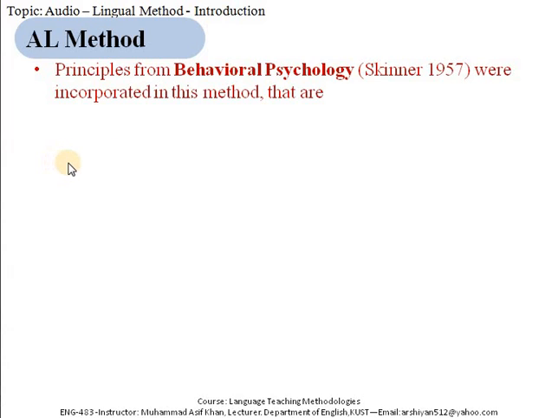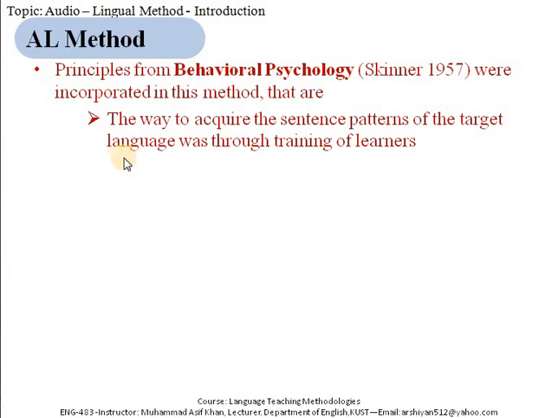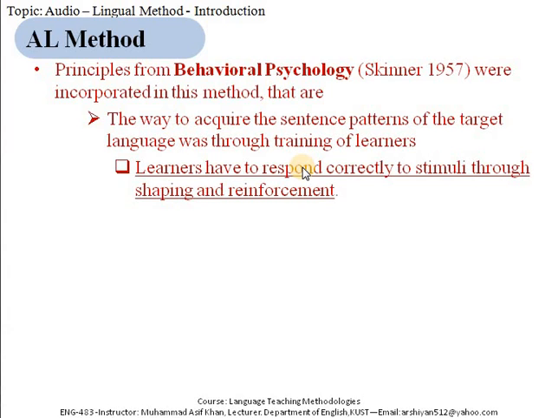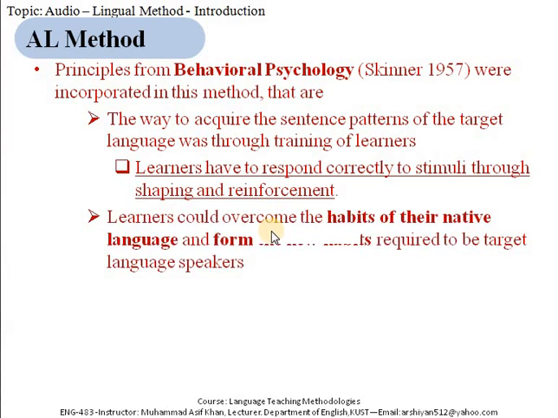And these principles of Skinner are that it was thought that the way to acquire the sentence patterns of the target language was through conditioning learners to respond correctly to the stimuli through shaping and reinforcement. So basically, learners could overcome the habits of their native language and form new habits in the second language that is required to be the target of the language speakers.